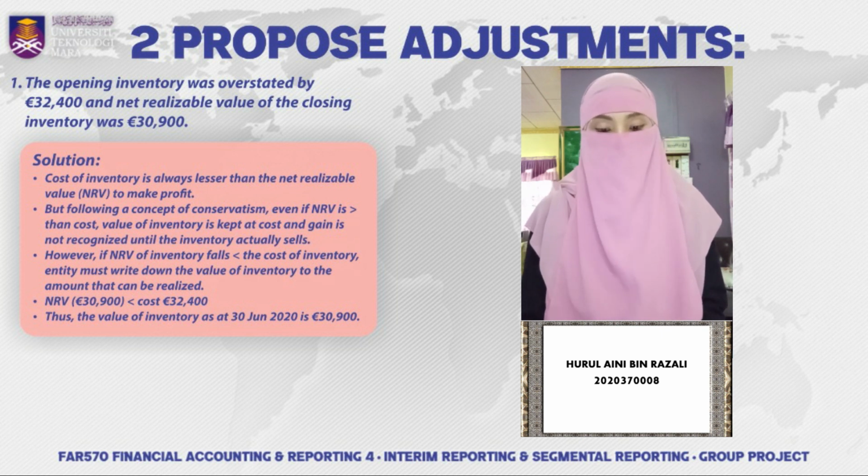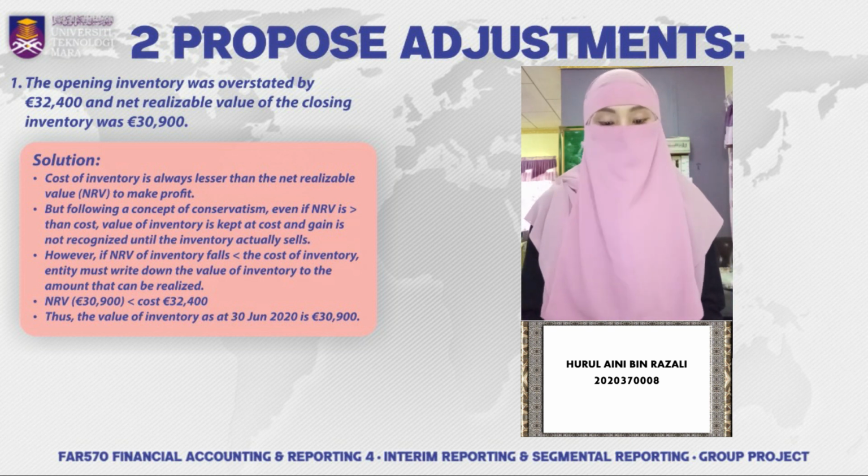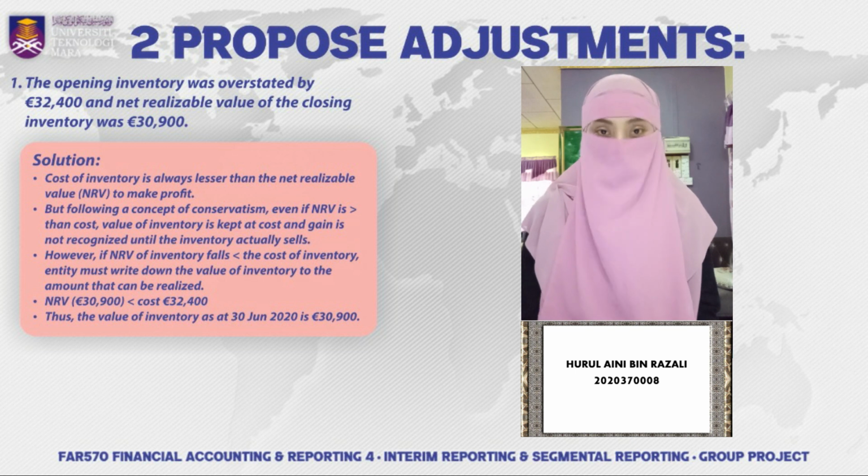But following the concept of conservatism, even if NRV is higher than cost, the value of inventory is kept at cost and the gain is not recognized until the inventory actually sells. However, if NRV falls lesser than the cost of inventory, the entity must write down the value of inventory to the amount that can be realized.